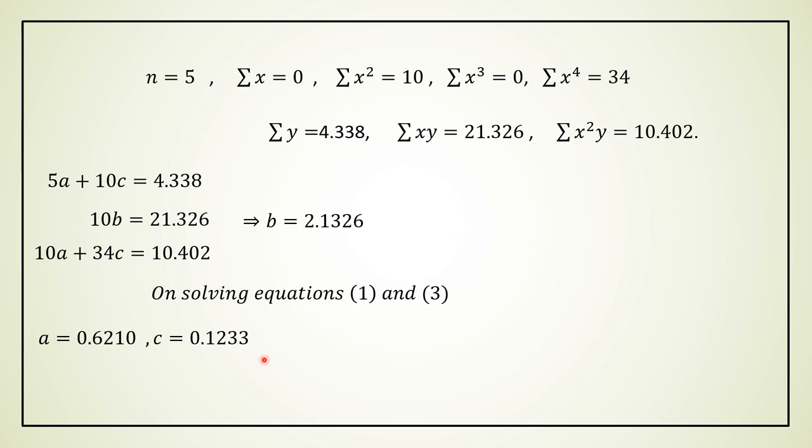Okay, so substitute the values of a, b and c in the given curve. Therefore, the best fit for the given set of observations is y is equal to 0.6210 plus 2.1326 x plus 0.1233 x square.